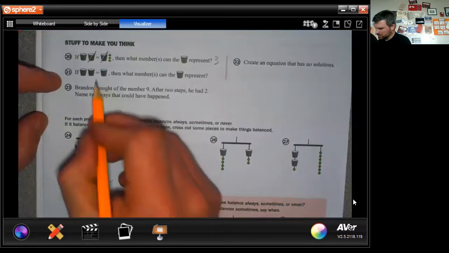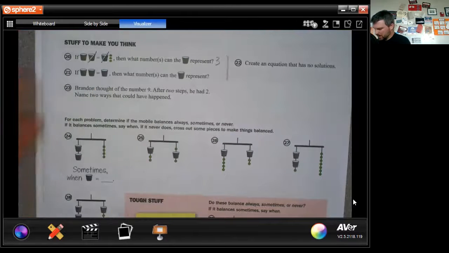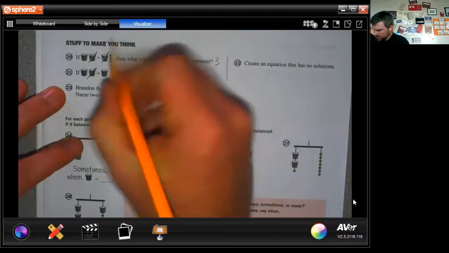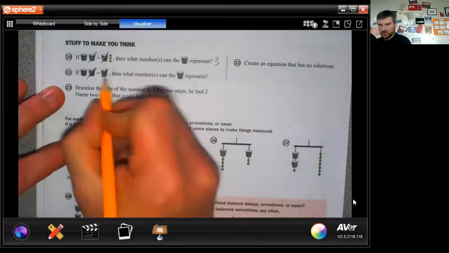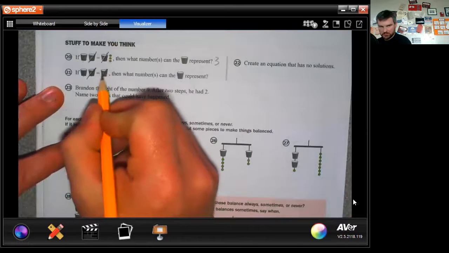Okay, so here it looks like we've got 2 buckets equals 1 bucket. Then what numbers can the bucket represent? Well, again, your buckets cancel, but there's still something over here, okay?